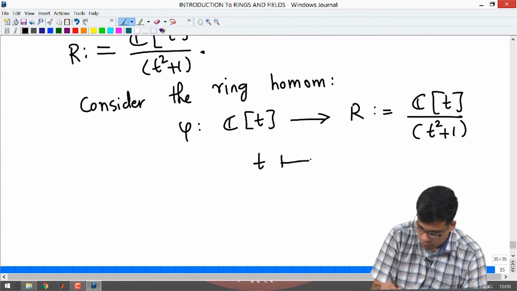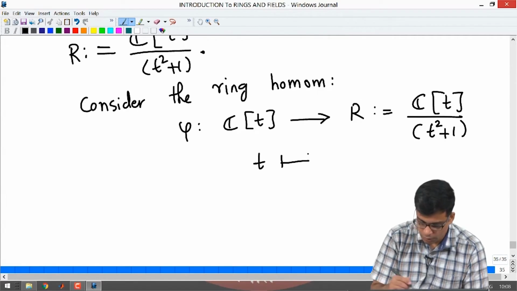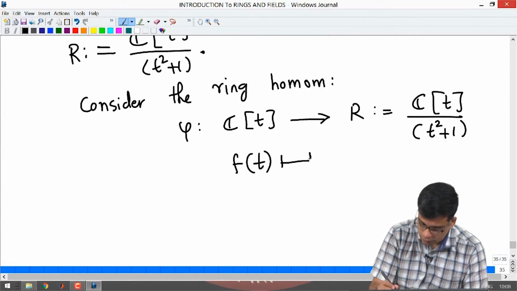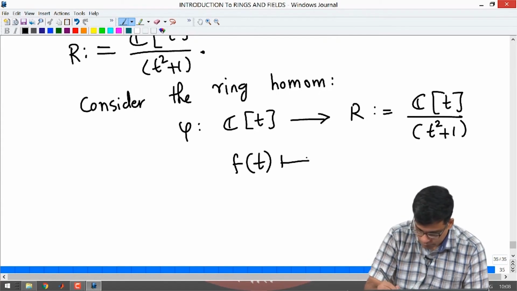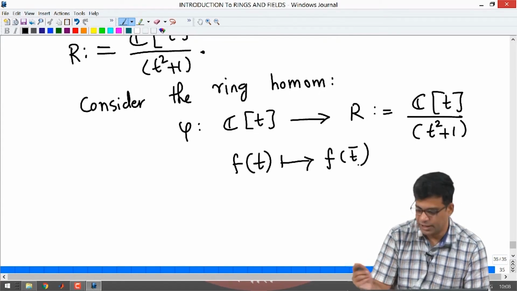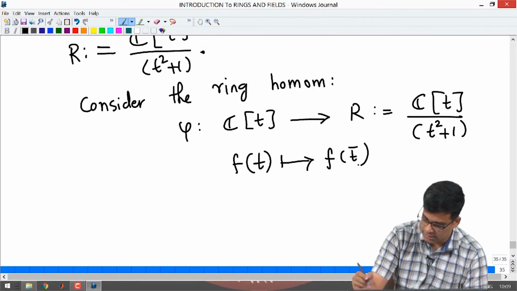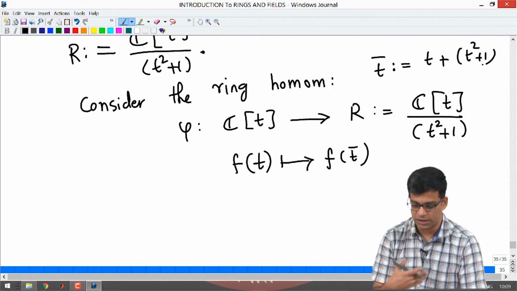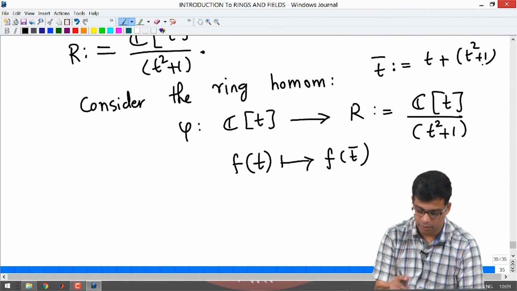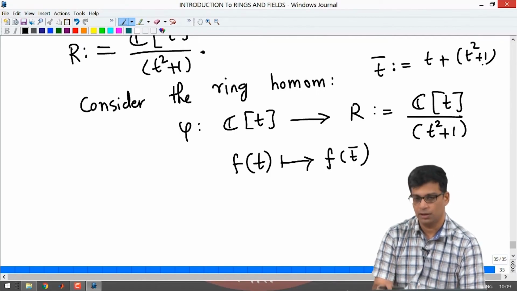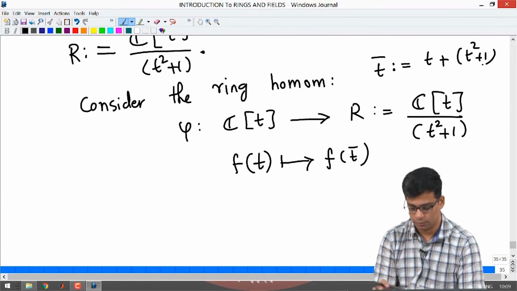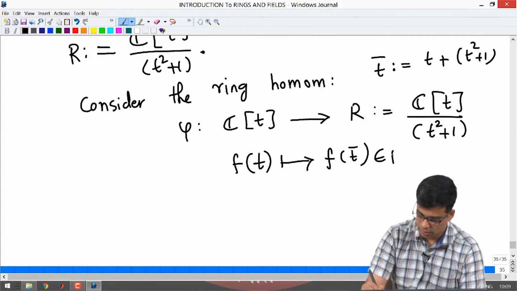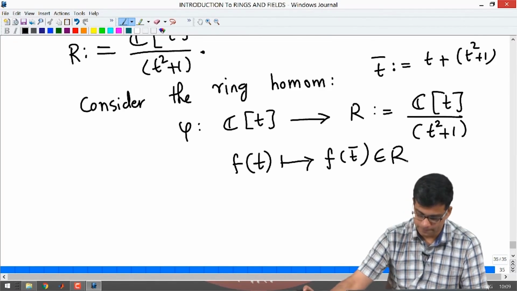I will simply send f(t) to f(t bar). Remember, t bar always represents the coset corresponding to t. In general, bar is a convenient notation to denote cosets in a quotient ring. So, I will take a polynomial in t, I will simply replace t by t bar, all the other things are left as they are. So, this is an element of R.